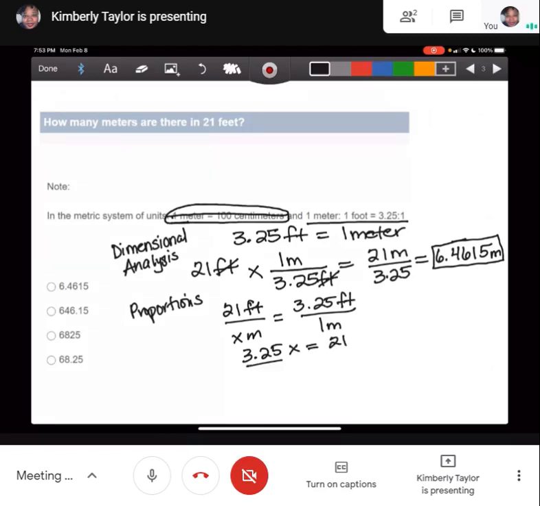And then again, you just divide both sides by 3.25. And x is equal to the same answer, 6.4615 meters. And you're done. So we have this answer here. Okay, let's keep going.